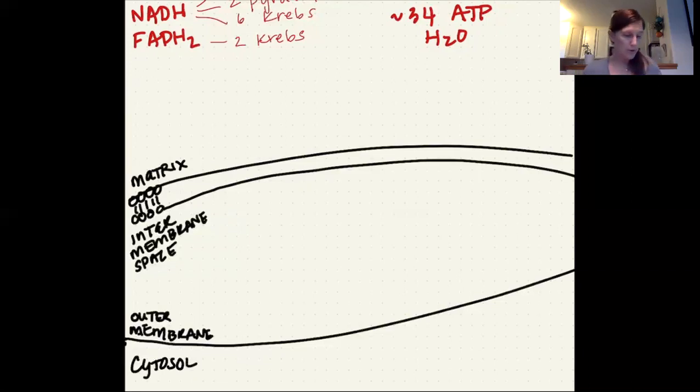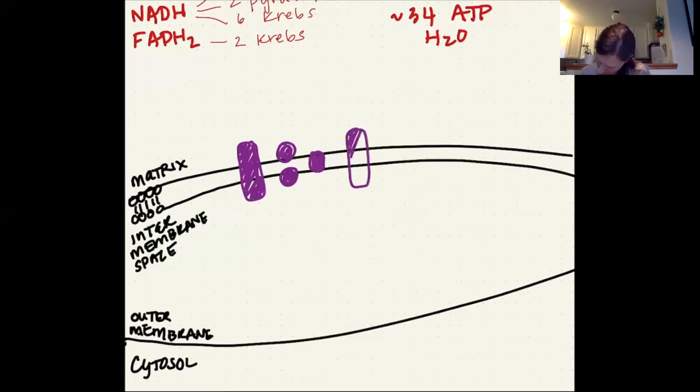Okay, so in the electron transport chain, we're going to see 1, 2, 3, 4, 5, 6 different proteins. And I'm going to draw those here in purple. You don't have to know the details of all of these, but we're going to see a protein there, 2 proteins here, another protein here, and then 2 more proteins.